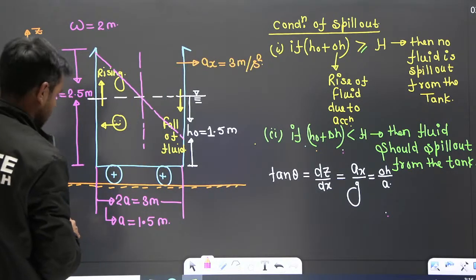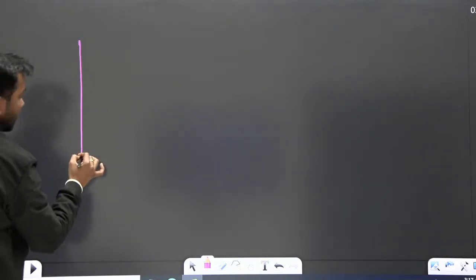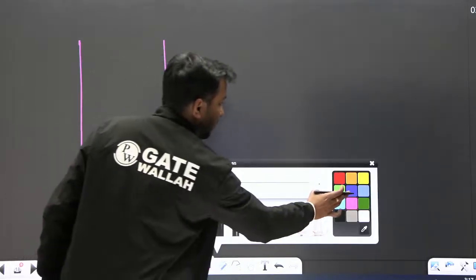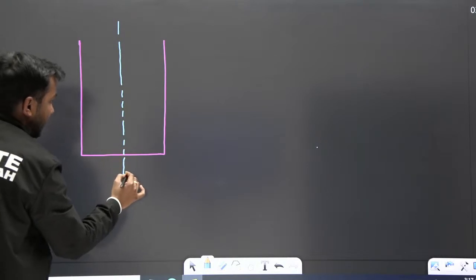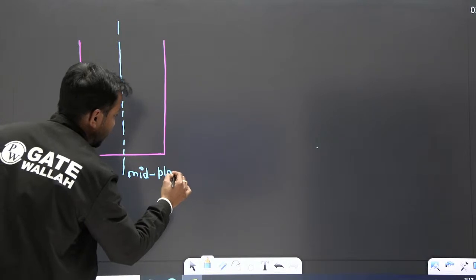Okay. So let me draw another diagram. This is our trolley. And if we consider this is our mid plane axis.